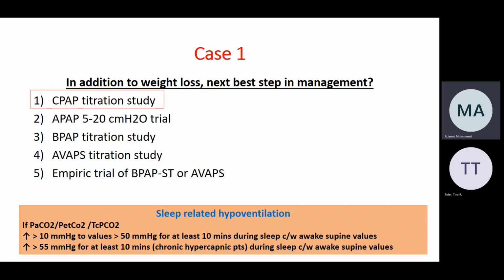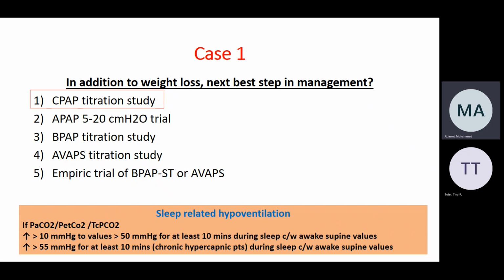They do transcutaneous PCO2 monitoring, which is a reliable surrogate for the PaCO2. If there is an increase of the CO2 by 10 millimeters mercury from the baseline for 10 minutes, this meets the definition for sleep-related hypoventilation.